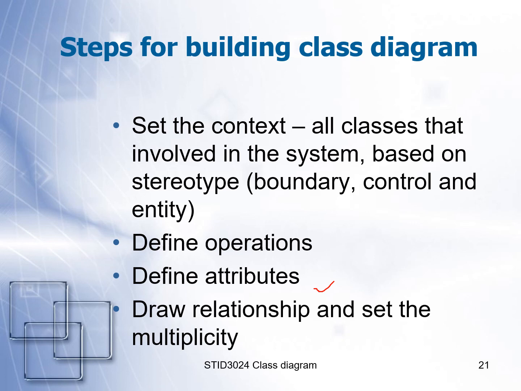So you identify the attributes. And once you have several classes together, you can try to identify the relationships, how each of these classes are connected. You can also set the multiplicity, how many objects are involved in this kind of relationship.